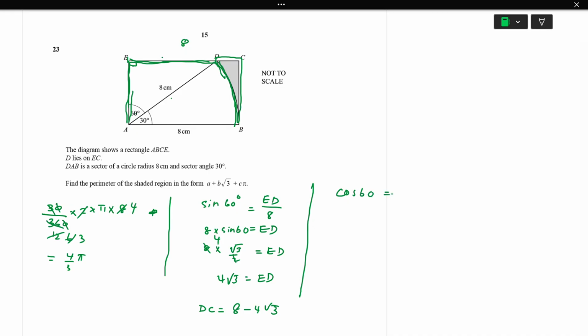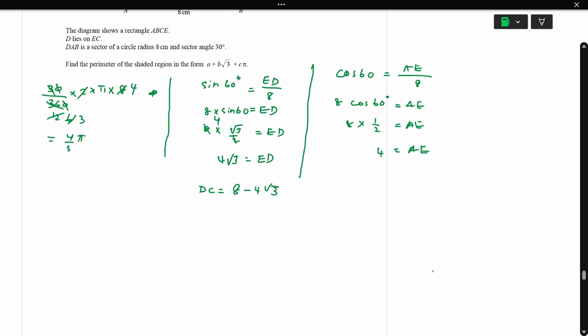Cos 60 degree equal to AE over 8. So 8 into cos 60 degree equal to AE. Cos 60 is going to be 1 by 2, so 8 divided by 2, which is equal to 4 equal to AE. So we got all the length.